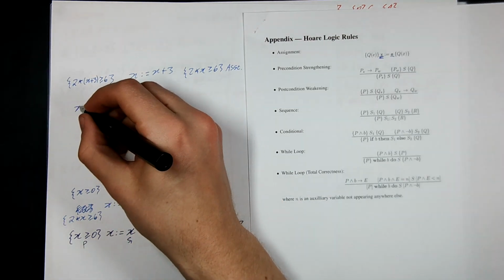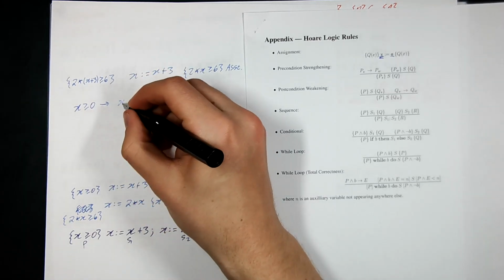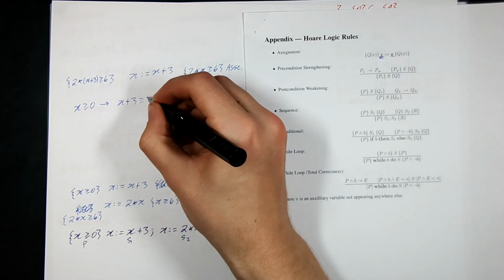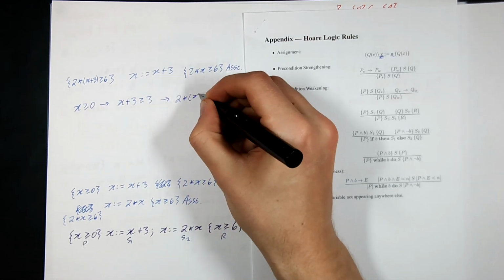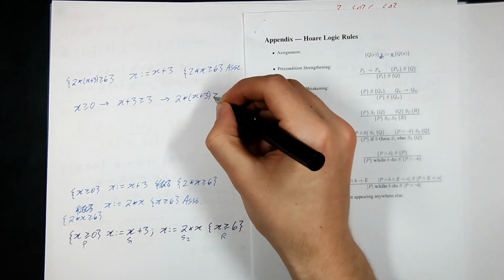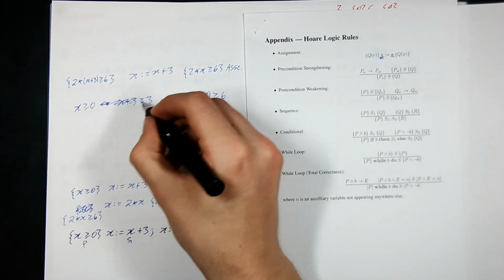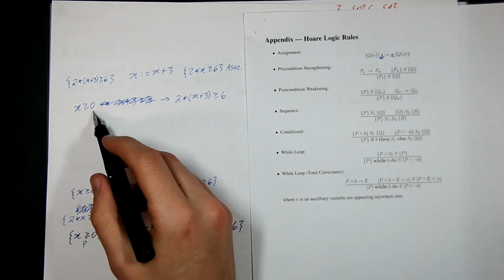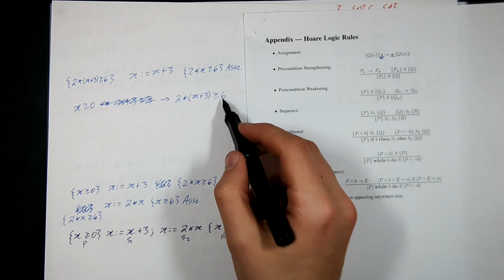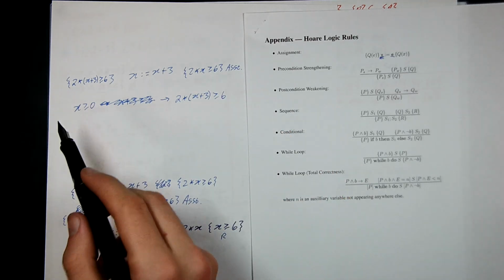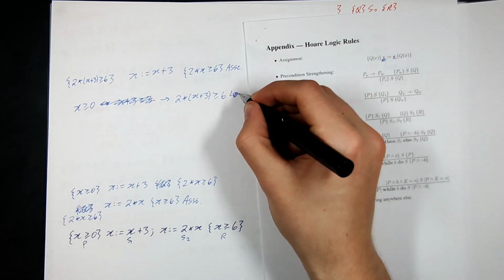So if I have x is greater than or equal to 0, well, that implies x plus 3 is greater than or equal to 3, which implies 2 times x plus 3 is greater than or equal to 6. So we can scrub out this middle bit and declare if x is greater than or equal to 0, then 2 times x plus 3 is greater than or equal to 6. So this is indeed a stronger precondition. So this is my logic.